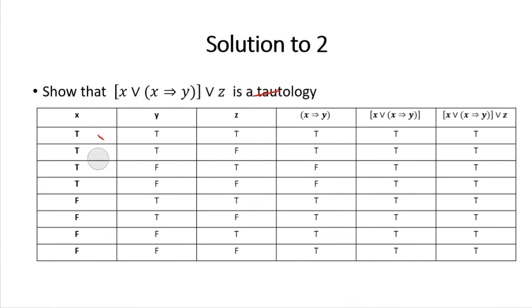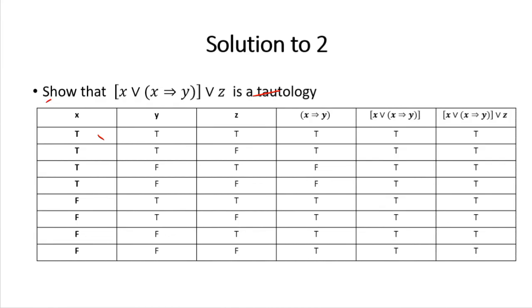For the next column, we're looking for x or x implies y. So we have x implies y over here, and the connector or. For the connector or, let me write that.